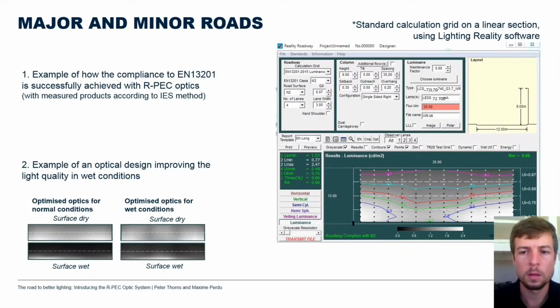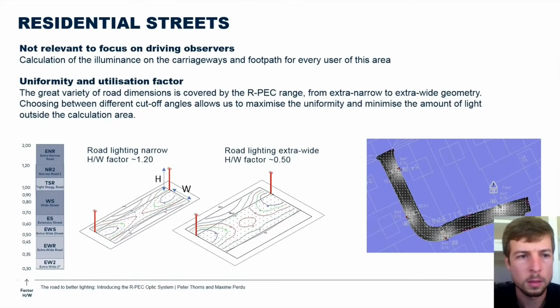Then I will go to the next type of roads, which are residential streets, and in this case it is not relevant to use the driver position to make the calculation, because people can come from anywhere in the place, from corner houses, pedestrian paths, and we simply need to provide the best lighting possible in the area.